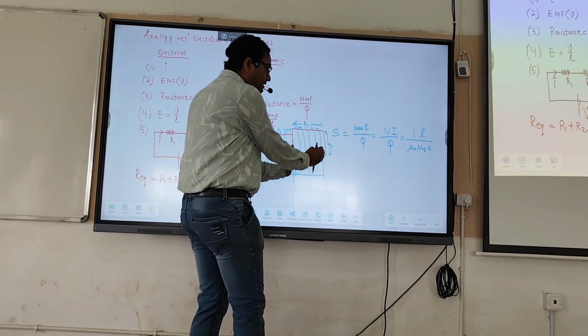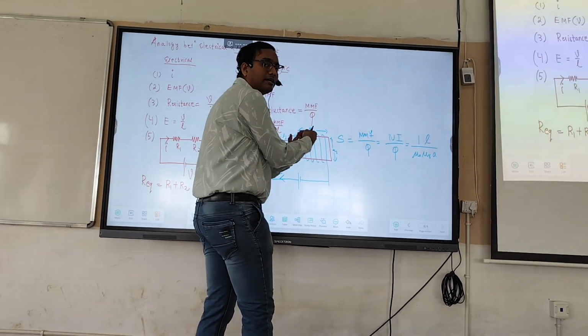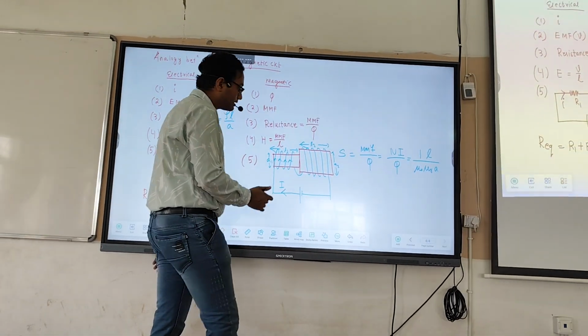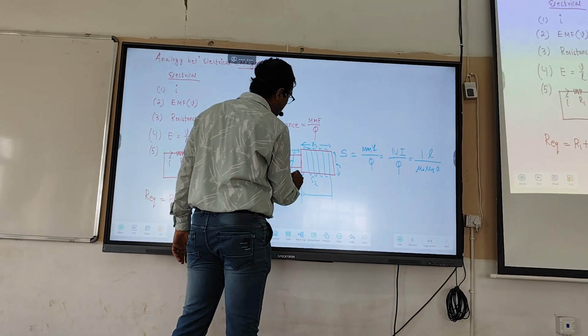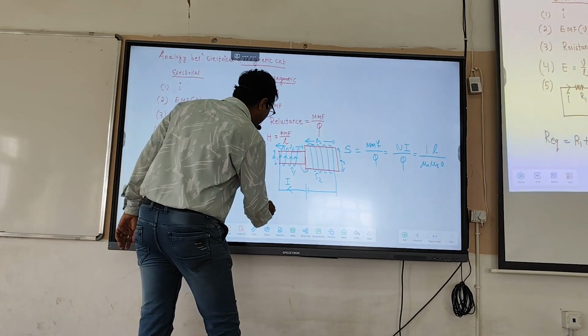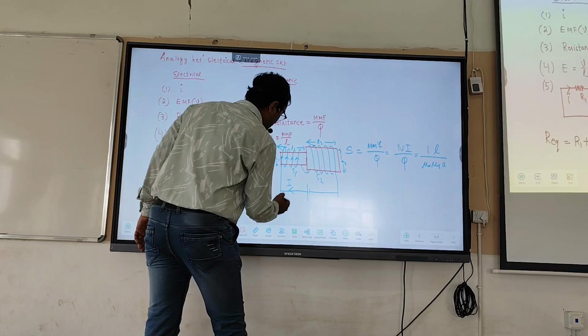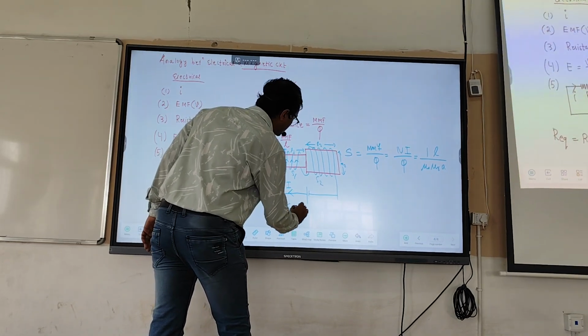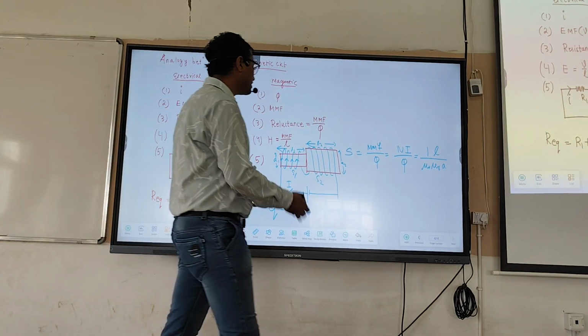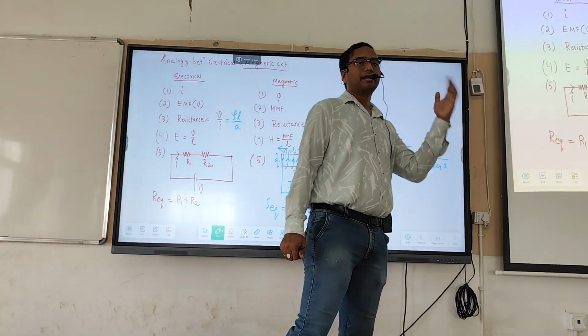For this material one, reluctance S1 is there by this formula, and for the other material, S2. These are connected in series, so the equivalent reluctance is S1 plus S2, same as your electrical circuit. This formula is also valid for parallel connection.